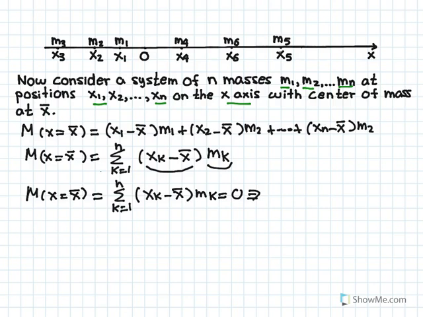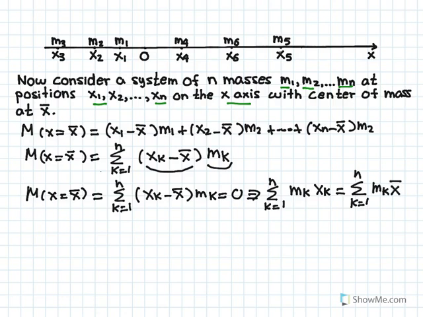Now, splitting up the summations, we obtain the summation k equals 1 to n of mk xk, the product of mass times distance, is equal to the summation k goes from 1 to n of mk x bar.